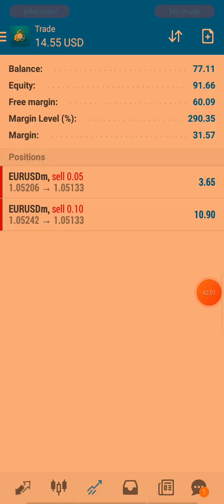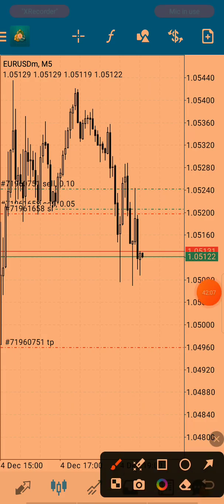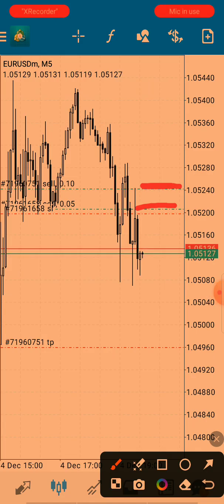So now let me show you what I just did. You can see now my stop loss. I got into this trade from this blue line. This green line is my entry, right? Then my stop loss now is on break even.